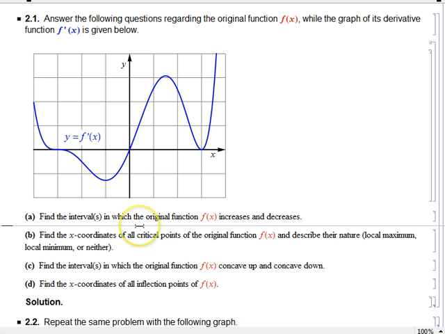How do we answer the question about the original function's increase and decrease? How do we answer questions about the original function's critical points?